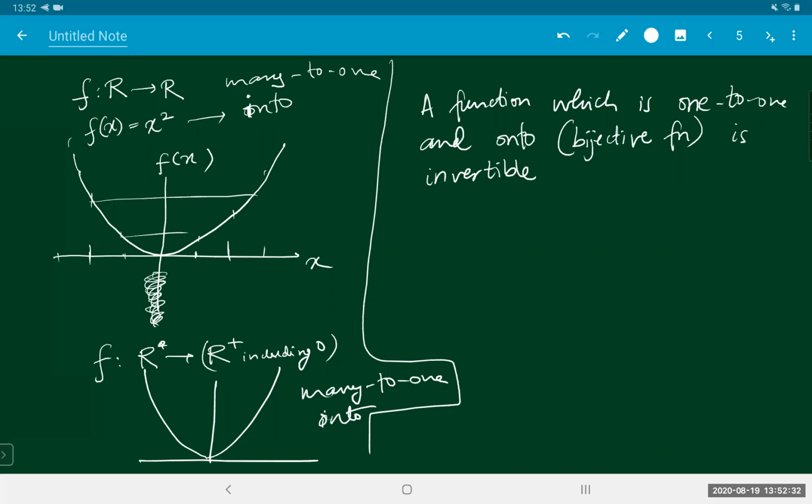For example, when I said f going from real numbers to real numbers defined by f of x is x square, this is not an invertible function, because if I ask you what is square root of -3 or -4, this has no answer. And also if I ask you what is square root of 4, this does not have a unique answer, because it can be 2 and -2.